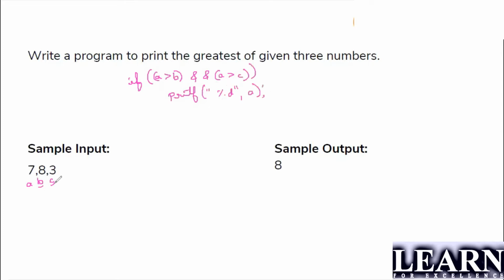The second one you can similarly give for the other one also. Else if, you can give a similar condition: B is greater than A and B is greater than C. Since you have already checked the condition A is greater than B, if that is not satisfied we may encounter this one, but for safety we'll check B is greater than A and B is greater than C. And here we'll give printf("%d", B).